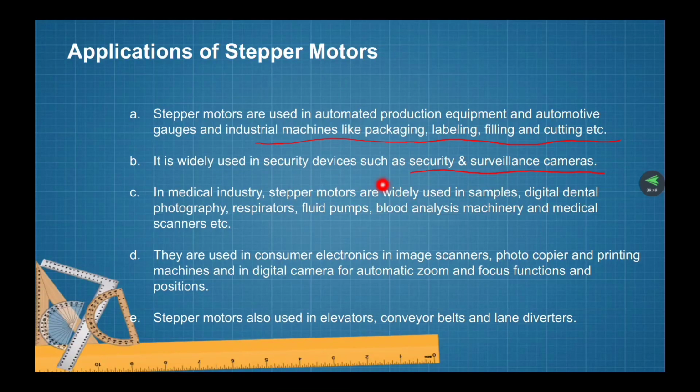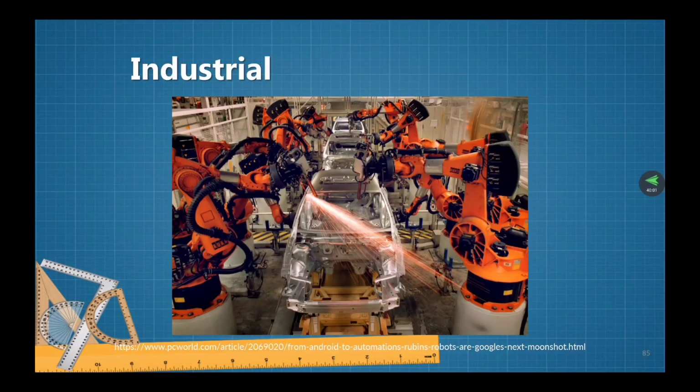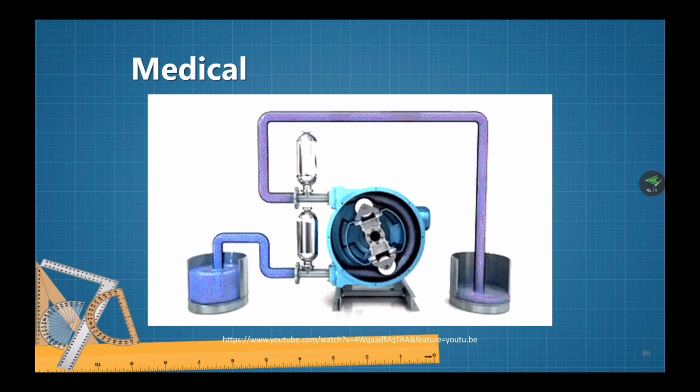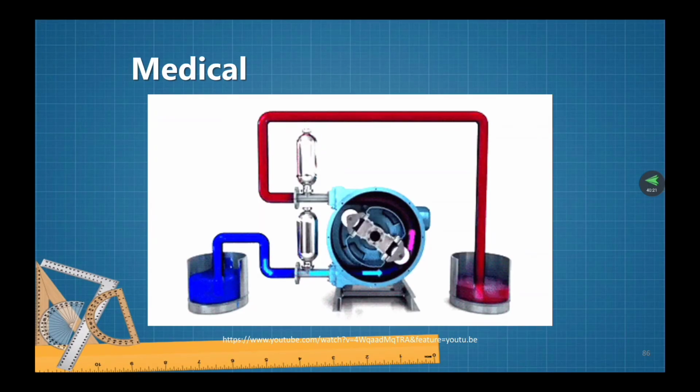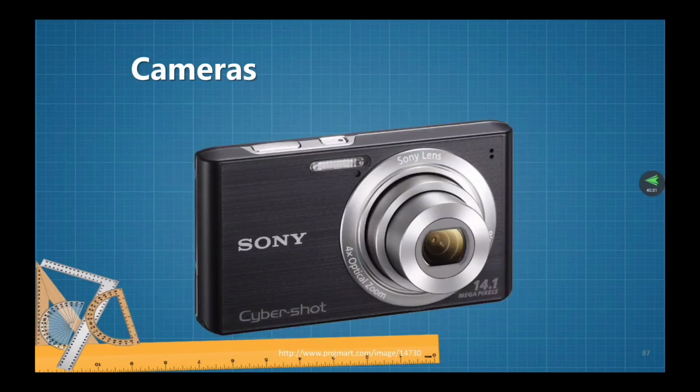Stepper motors are also used in elevators, conveyor belts, and lane diverters. This is an illustration of the use of stepper motors in industry and in the medical field, and in cameras for the lens.